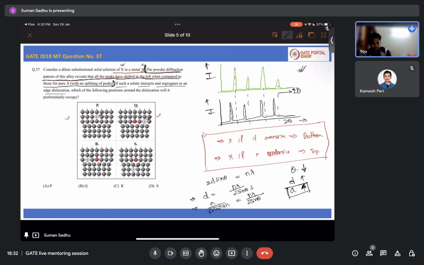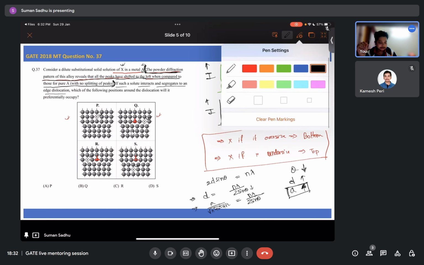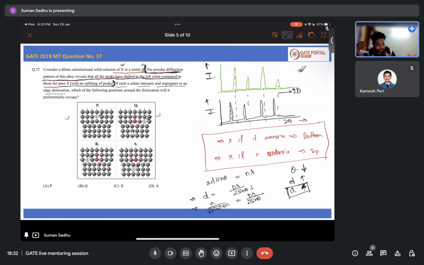So that information was not directly given to us, but in some tricky way it was given. Now we have found that the size of the X atom is larger than the A atom, so X is oversized. So we know it will preferentially occupy the bottom positions of the edge dislocation, where the atoms are under tension.